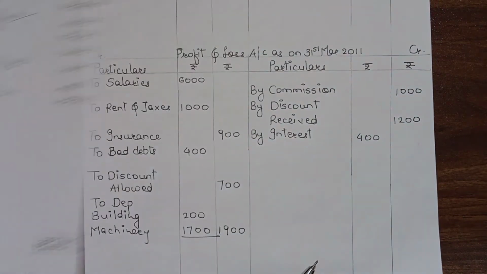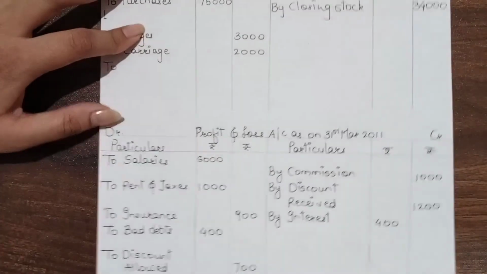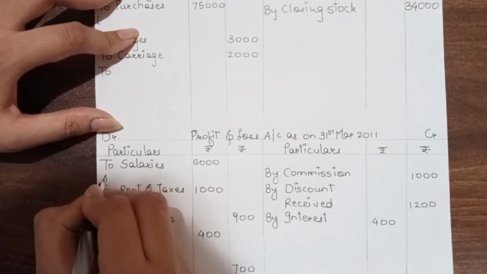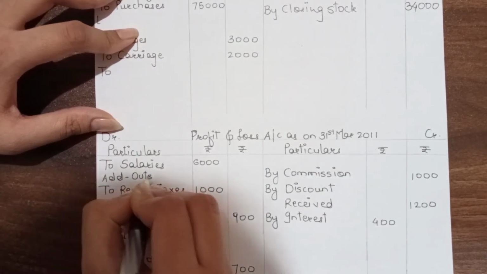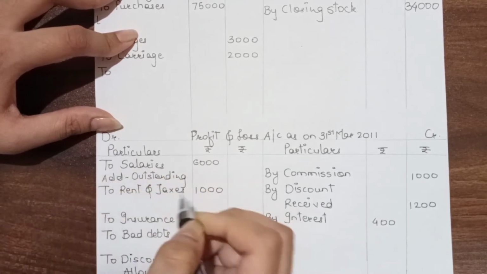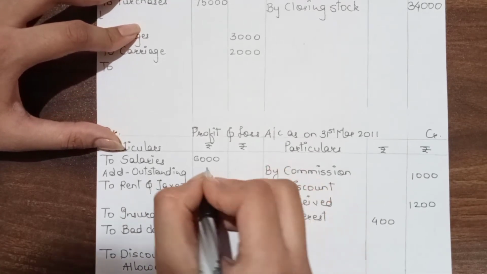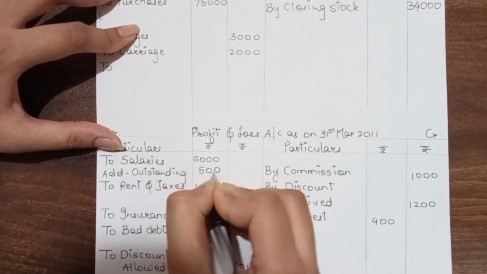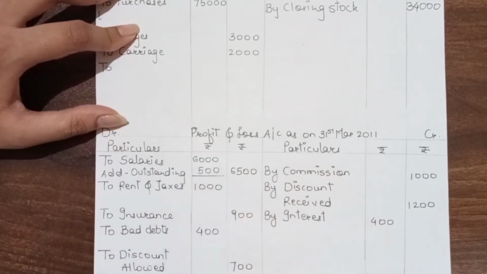So let's add this. First effect, add outstanding. How much is the amount of salaries? 500. So the final amount will be 6,500.